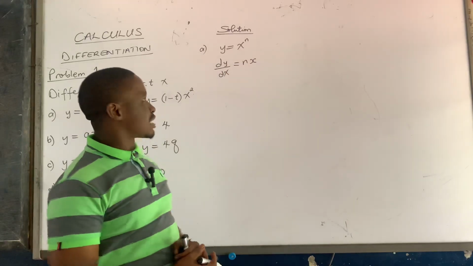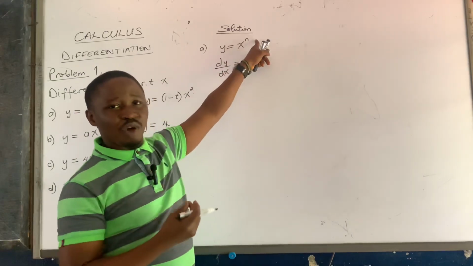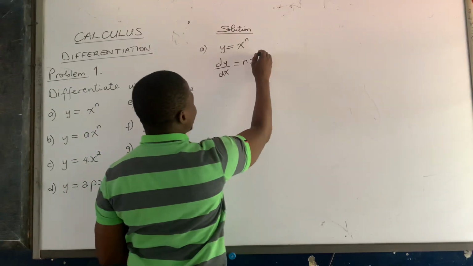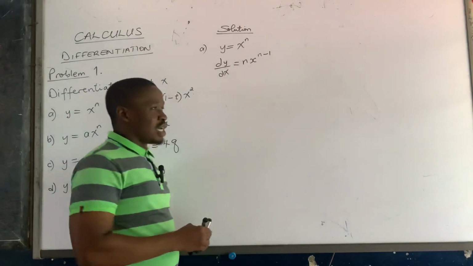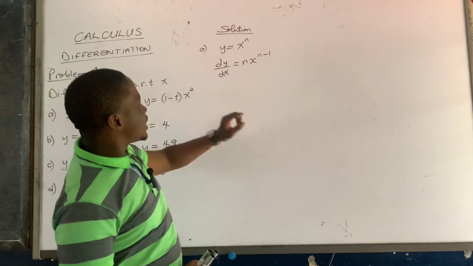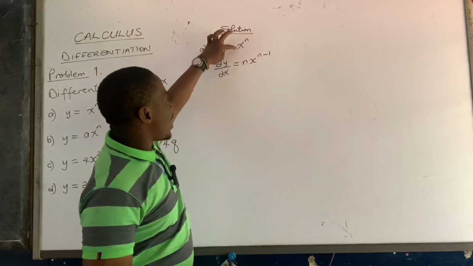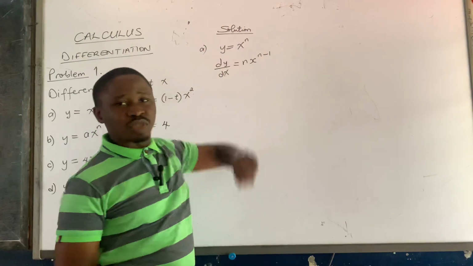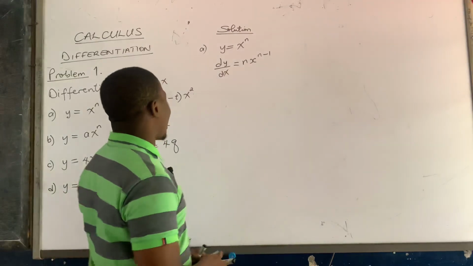So what do we do next? We subtract 1 from the power. So when we subtract 1 from n, we have n minus 1. So therefore, to differentiate a function like this, we simply multiply the power by the coefficients. So what next? We say the power minus 1. So this is what we have.